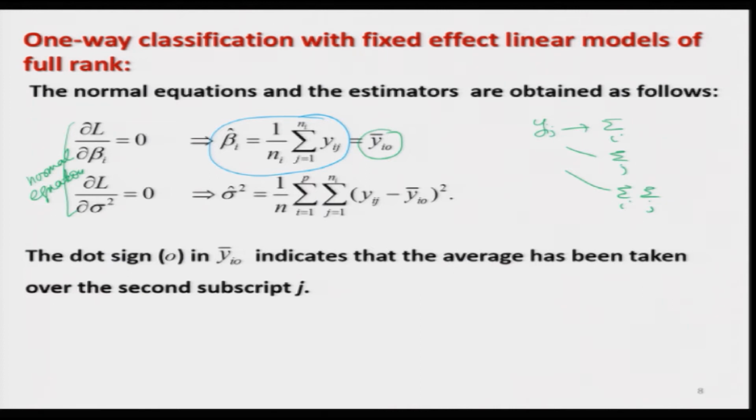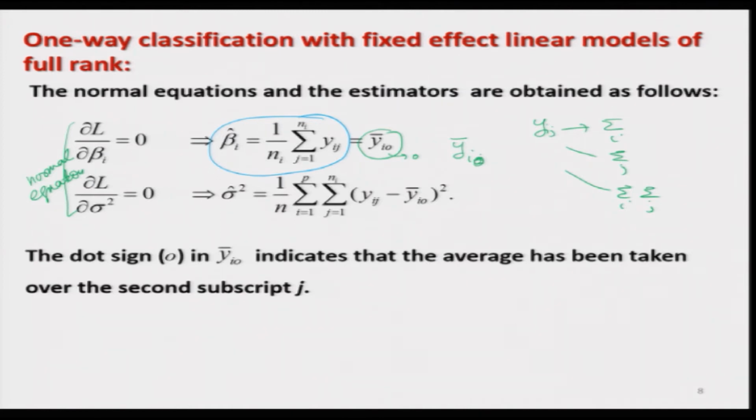So, when I am taking the summation over j, then the subscript corresponding to j will be indicated by naught. So, this is going to be y I j, but now I am taking y bar, so this j becomes naught, and then I have y bar I naught.